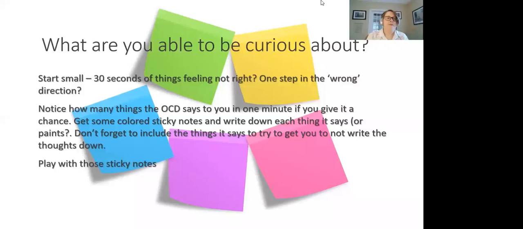You can notice how many things OCD says to you in a minute. If you give it a chance, get some sticky notes, write all those things down. Don't forget to include the things it says to try to get you to not write this down. You can play with these, right? So all of these are very, very simple at the heart of it. Exposures, aren't they? Right? But what we're doing is we're shaping a different repertoire in the presence of the scary stuff. How do we interact with it in some different way, right?